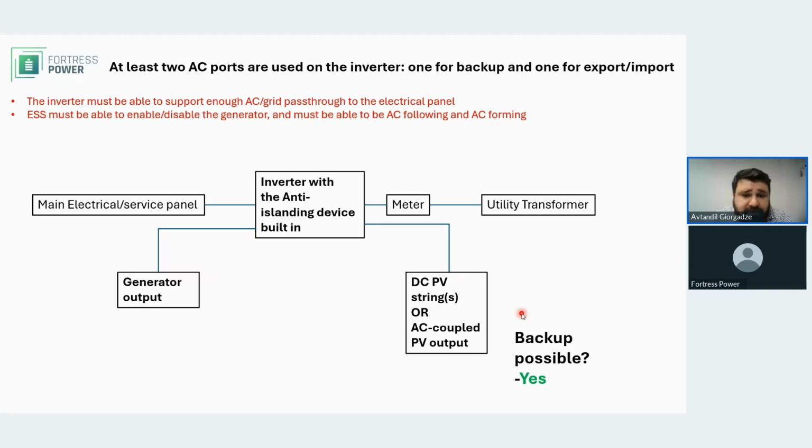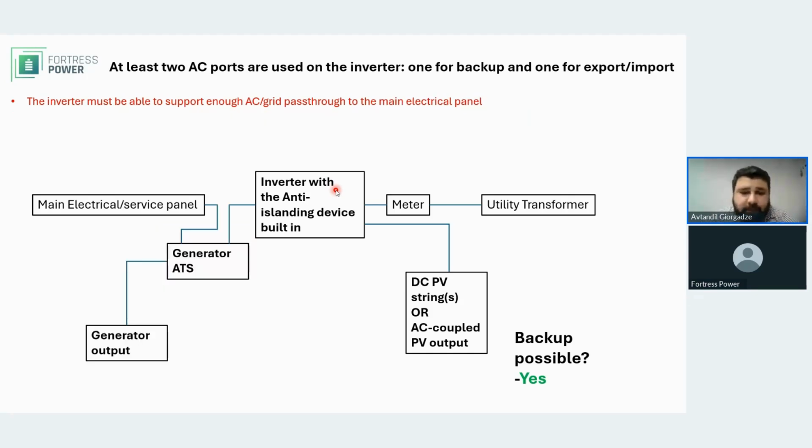But you will have at least 2, one for grid side, one for load side, so to speak. So anti-islanding device built in means that the anti-islanding device will not allow the connection from the grid port to go to the load port. So it will interrupt that pass-through that we were talking about before.